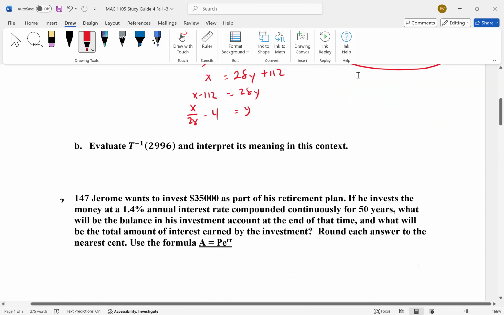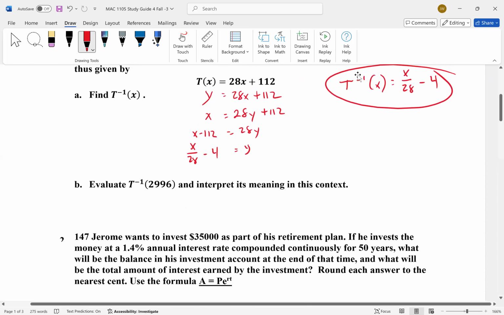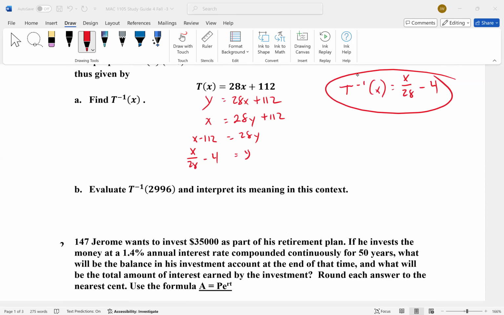Okay, now we want to evaluate T inverse of 2,996. T inverse of 2,996 is 2,996 divided by 28 minus 4, which works out to be 103. And then what does this mean?